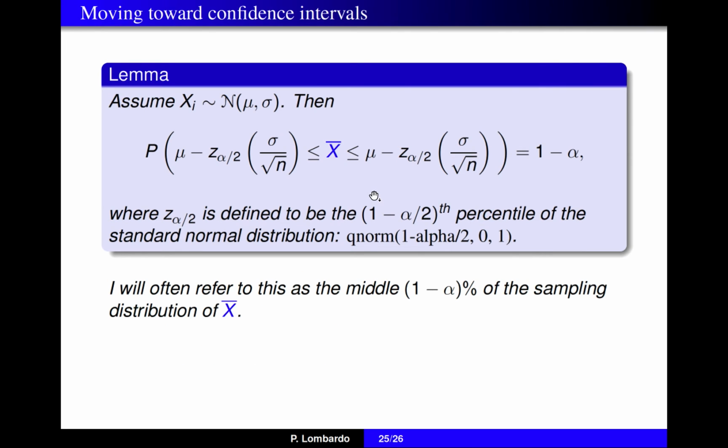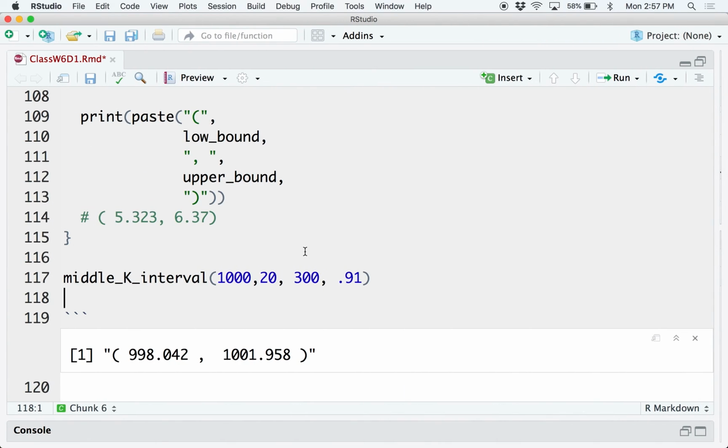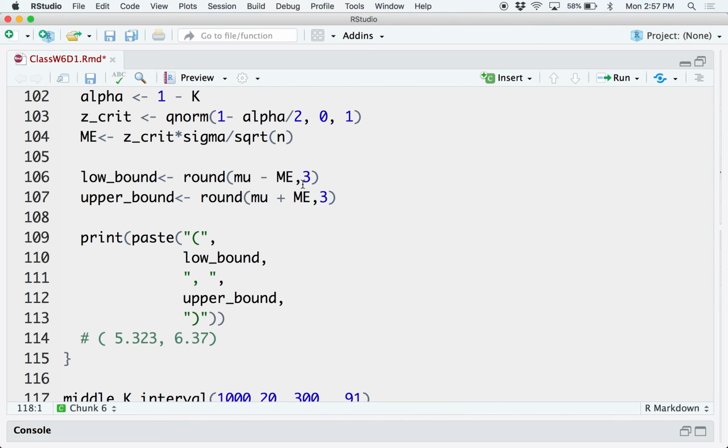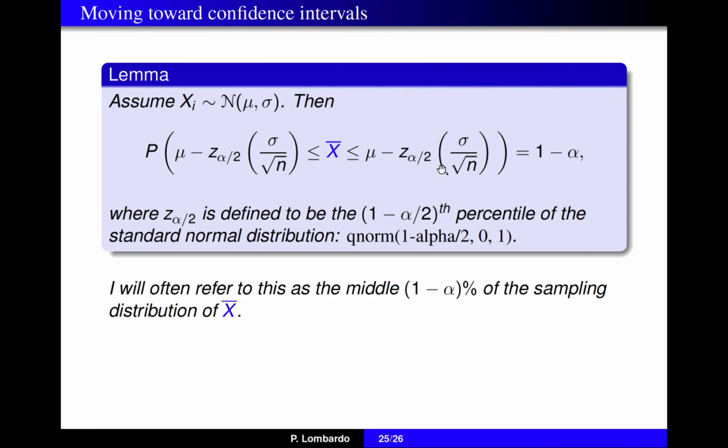So the last thing I want to say, as we're moving towards confidence intervals, which we'll talk about on Wednesday, is this important lemma to keep in mind. If we assume that x_i is sampled from a normal distribution with a certain mean and standard deviation, then the probability that your sample mean random variable falls in this interval, so this is essentially the lower bound and the upper bound that we computed using this function, using our margin of error approach, here's our margin of error.